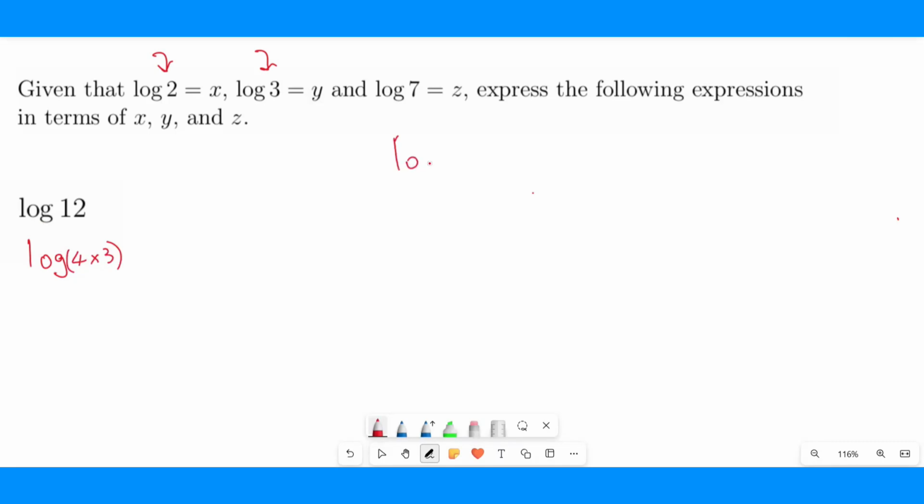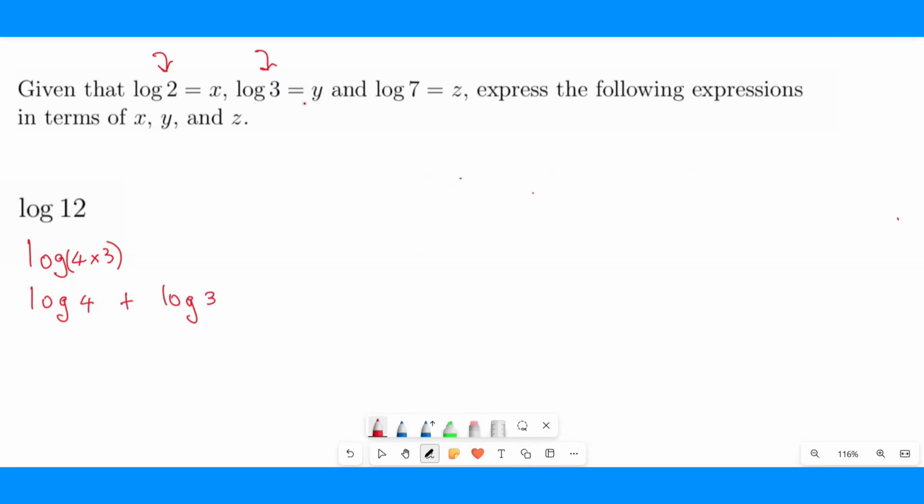But there is a log rule that suggests that if I have the log of A, B, in the same base, then this can be represented as the log of A plus the log of B in that same base. So we are going to embark on this idea. So what we're going to do here is to split this. So this can be represented as log of 4 plus log 3.